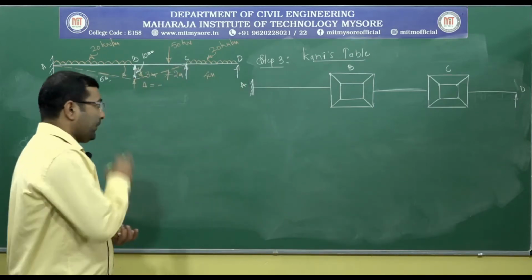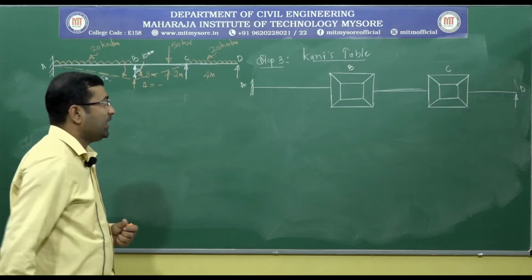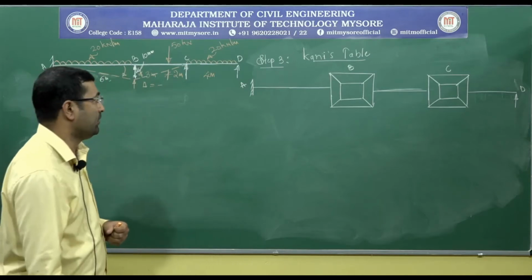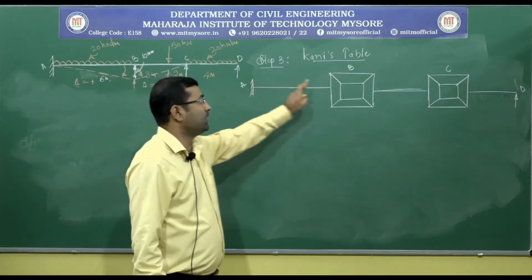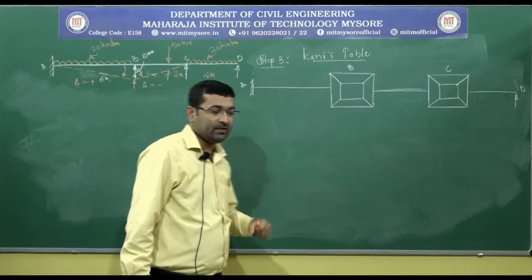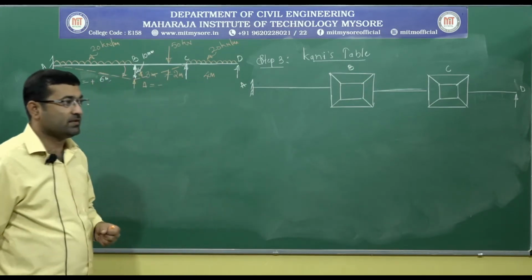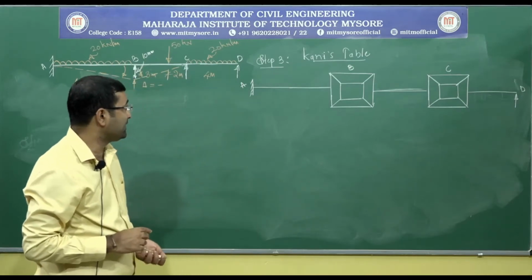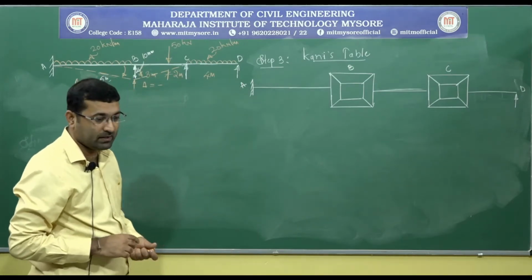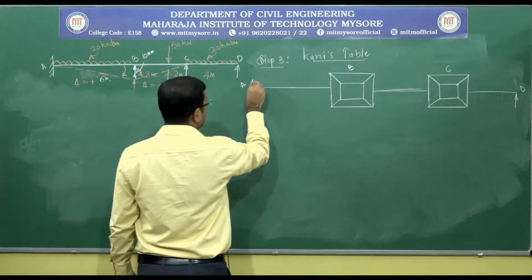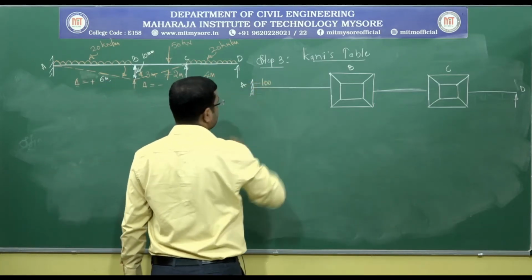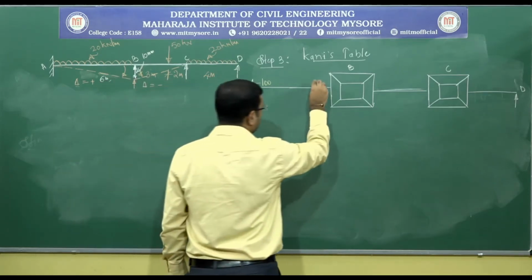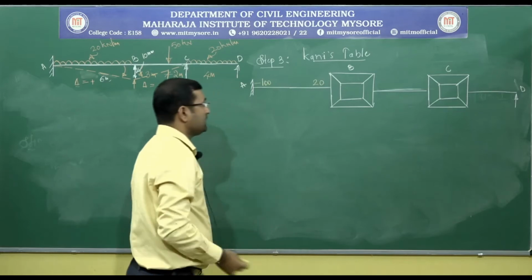Okay. So, here at the top of the member we need to write the fixed end moments MFAB, MFBA and similarly. As per our calculations, MFAB is minus 100. So, I will write that as it is, minus 100. MFBA, as per our calculation, is plus 20, right.